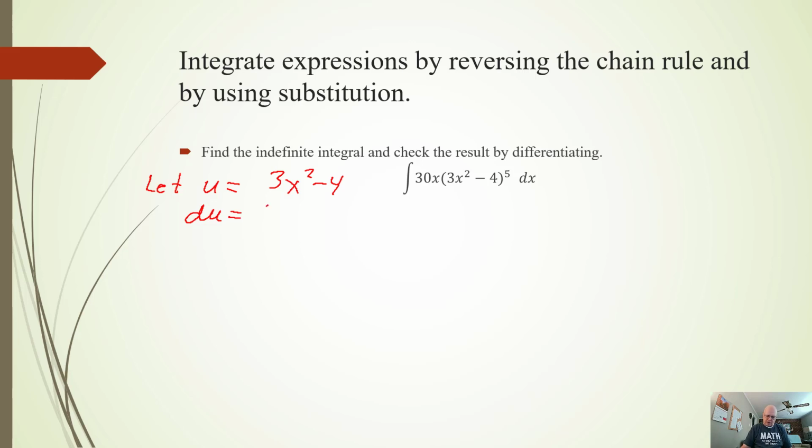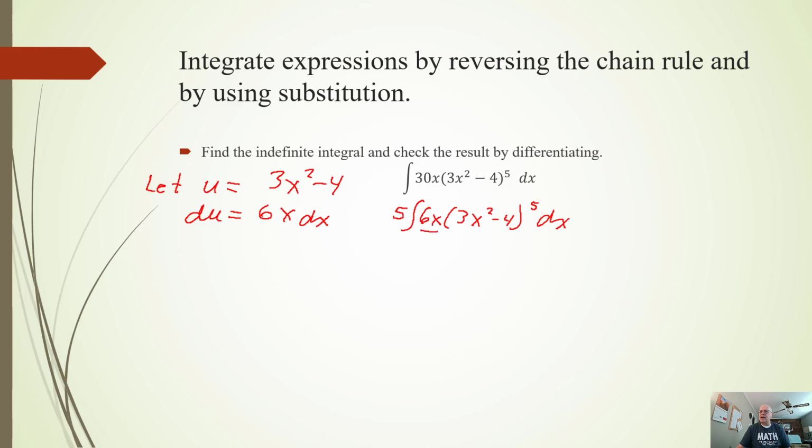So 6x dx. Now over here, we've got 30 times this. It would be nice if that were a 6, wouldn't it? Well, why not split this up? Make this 5 times 6x, 3x squared minus 4 to the fifth power dx.